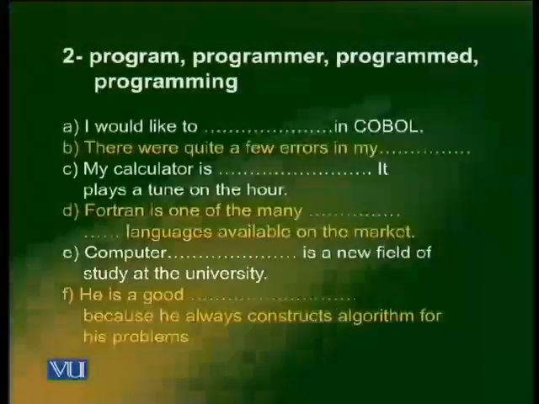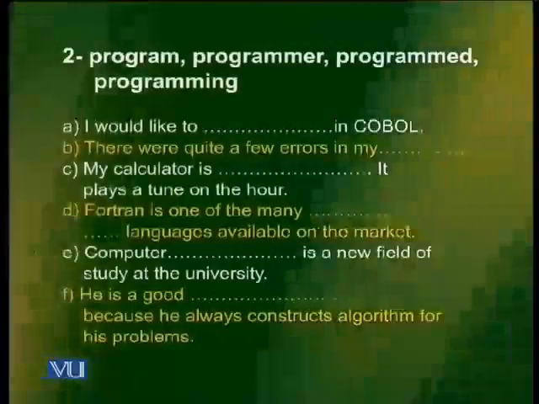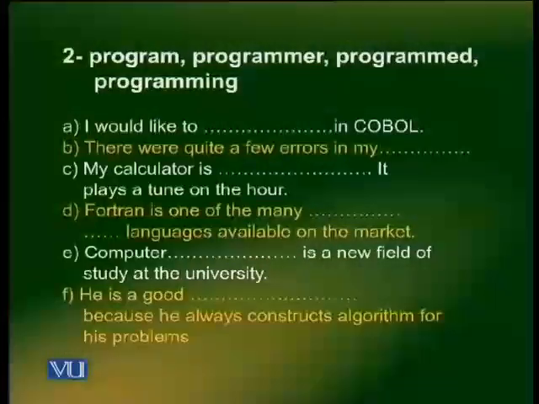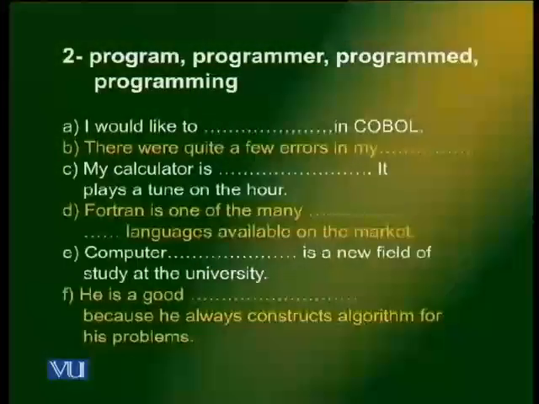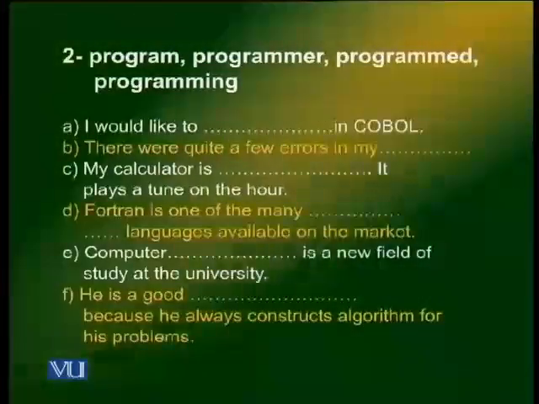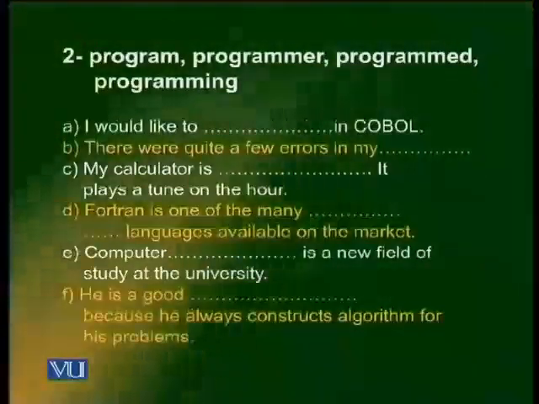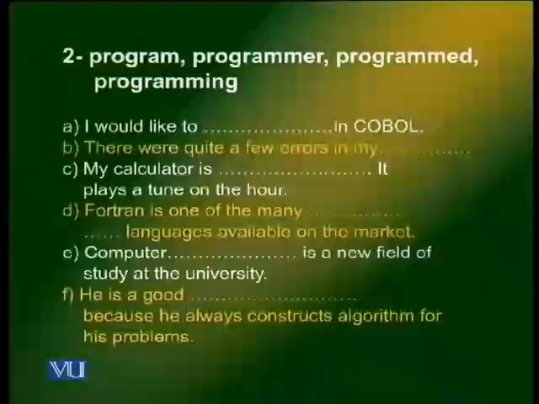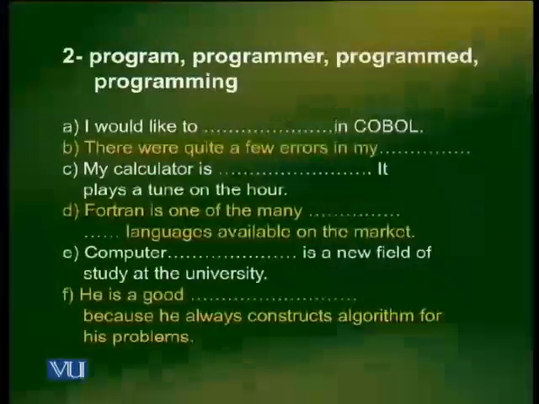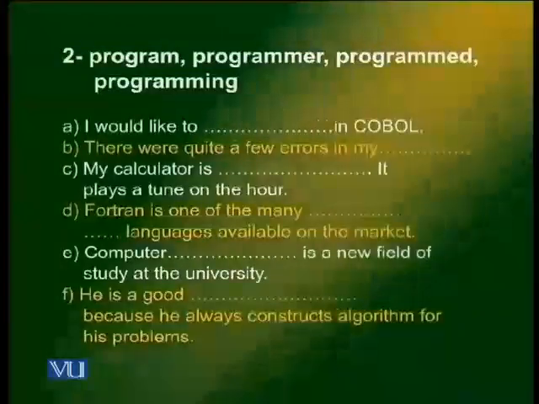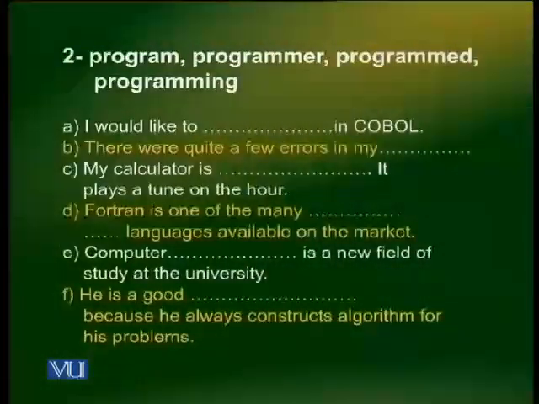Number E, computer is a new field of study at the university. Computer programming is a new field of study at the university. And the last sentence, he is a good dash because he always constructs algorithm for his problem. Right?